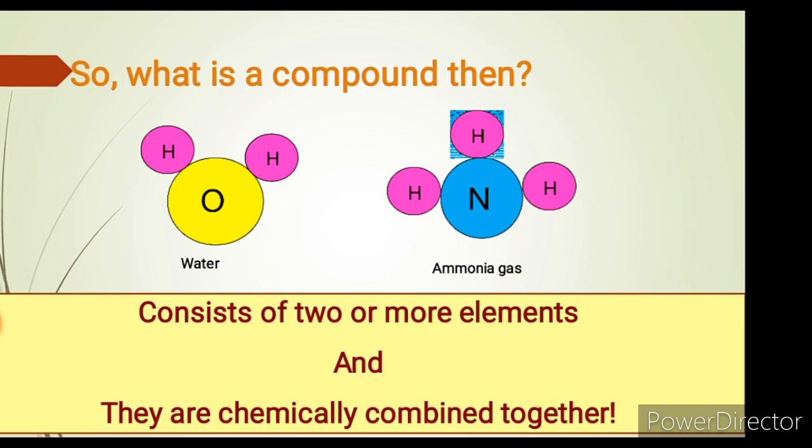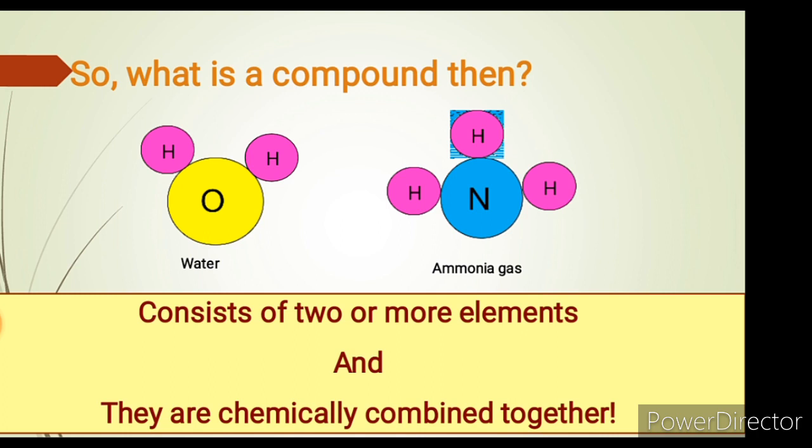You will notice on the illustration or model that the water molecule H2O is composed of two elements. We have hydrogen and oxygen. And they are chemically combined. You will notice that they are attached to one another.